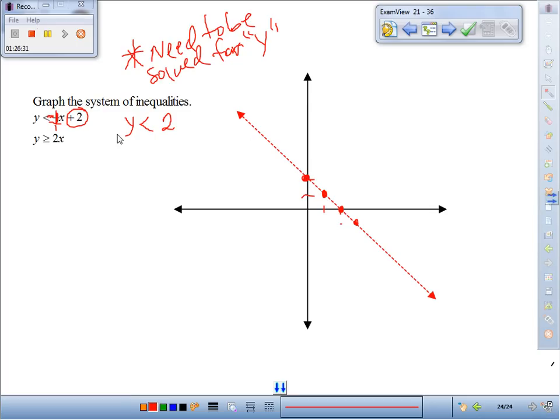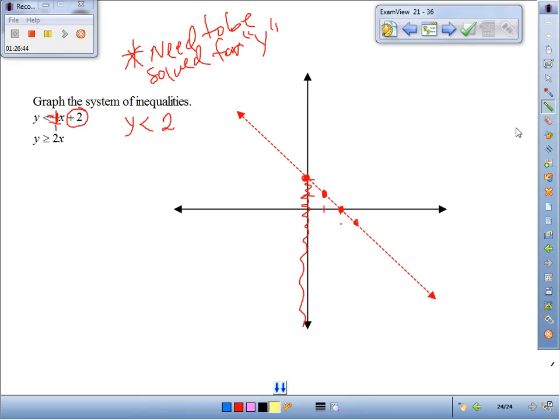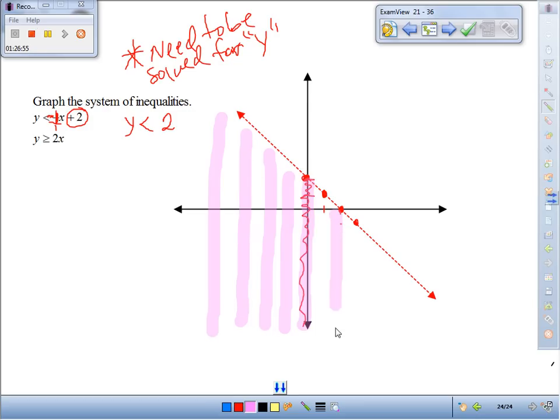Right here. And this says y is less than 2. On this y-axis, what numbers are less than 2? Everything down here. Is that correct? Therefore, with your light colored pencil, you're going to highlight or draw dashes of everything under this line. And those are solutions to that inequality.